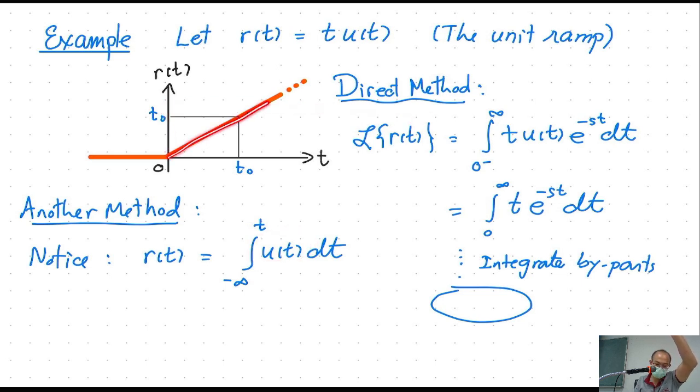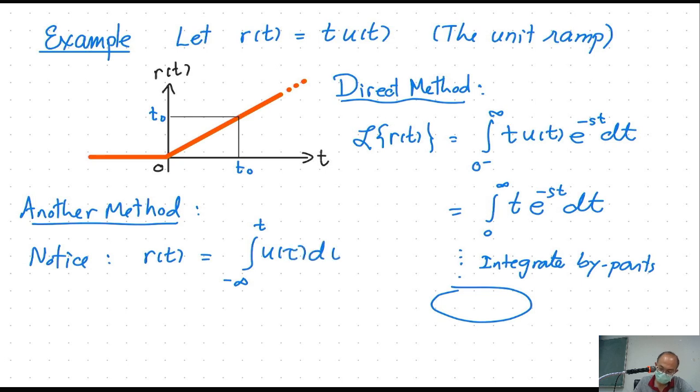Because the derivative of r is u, r is just equal to the integral of u going from negative infinity to t, d tau.